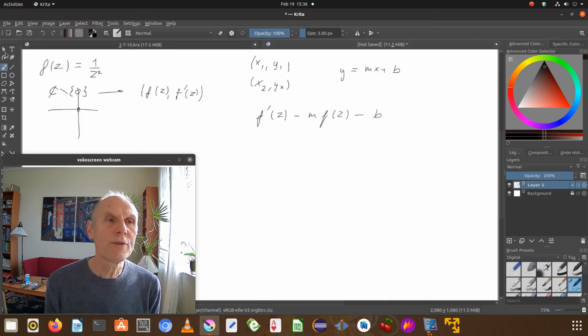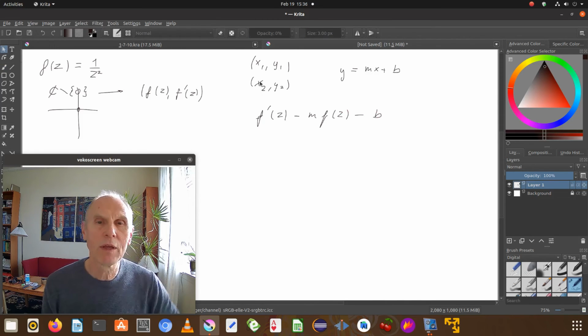We know that it has 2 zeros, and this function has a pole of order 3 at the center, so it must have 3 zeros, counted with multiplicity, of course.